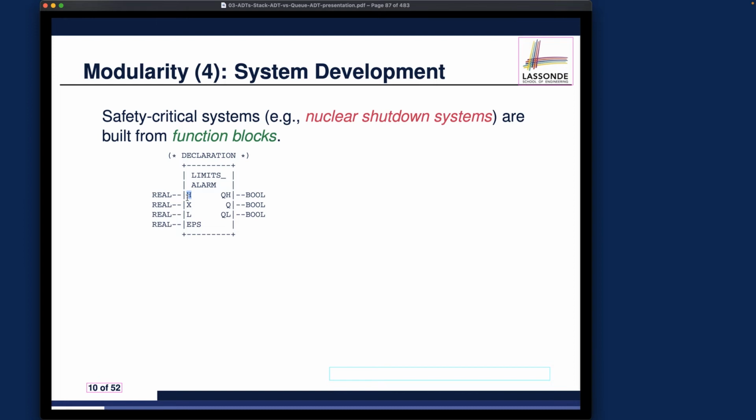In this case, let's say H will be the upper bound, L will be the lower bound, and X will be the actual observation, for example, temperature, right? You want to make sure the temperature is between the lower bound and the upper bound. If it is not, then you may have to set some output to true, so that you will trip the system, right?